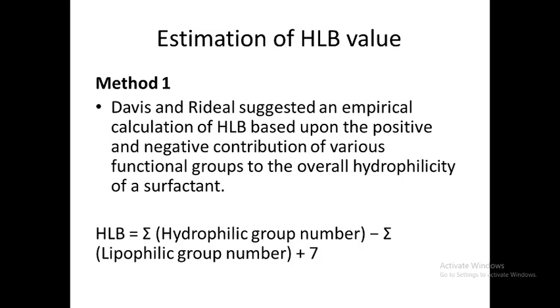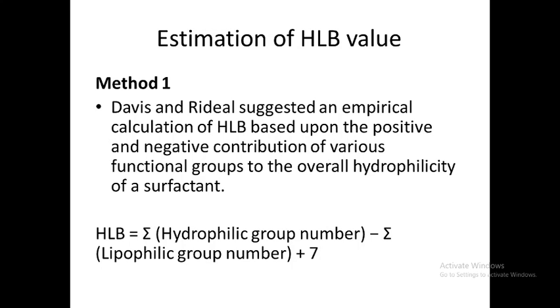So HLB can be calculated using a simple formula, that is summation of hydrophilic group numbers minus summation of lipophilic group numbers plus 7. So Davies and Rideal basically gave a number to each group, that is the group number, and the summation of the hydrophilic groups and the summation of the lipophilic groups, based on these two, you can calculate the HLB value.